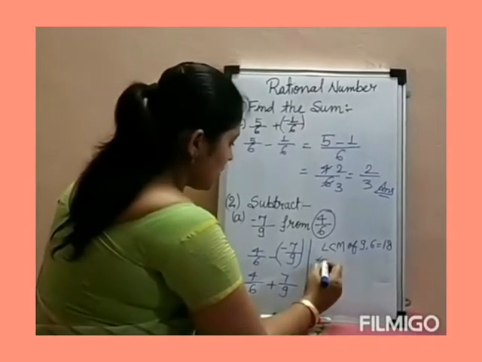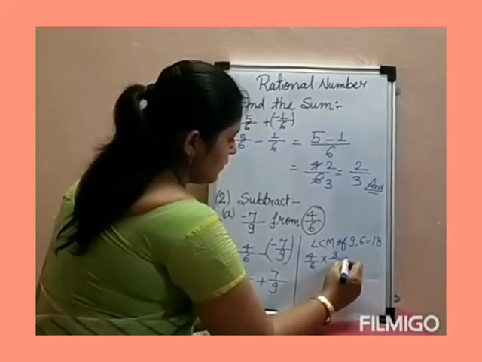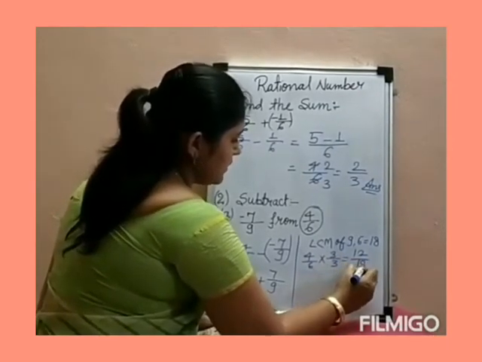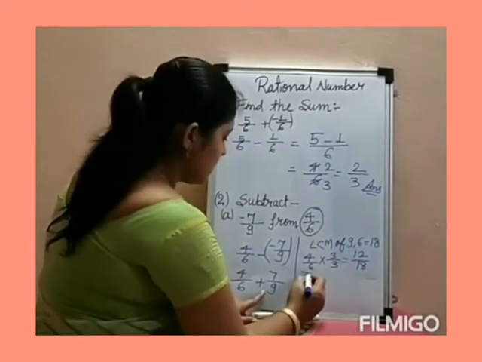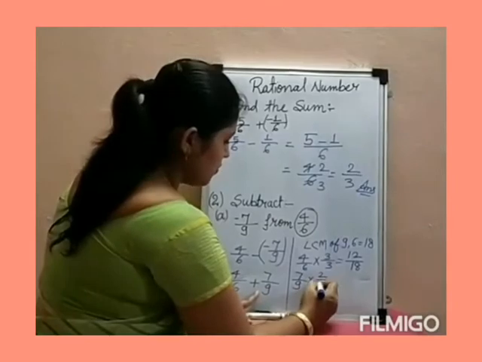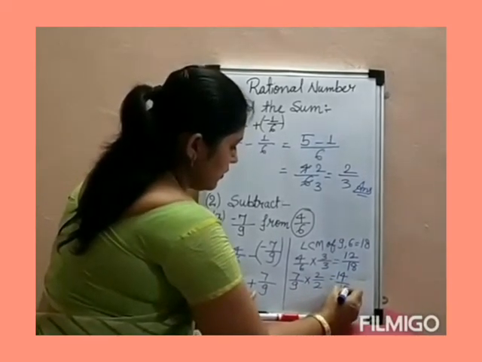So 4 upon 6 into 3 upon 3, that is 4 3s are 12 and 6 3s are 18. The next number is 7 upon 9 into 2 upon 2, that is 14 upon 18.